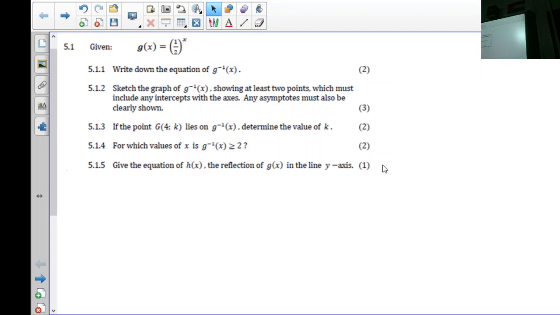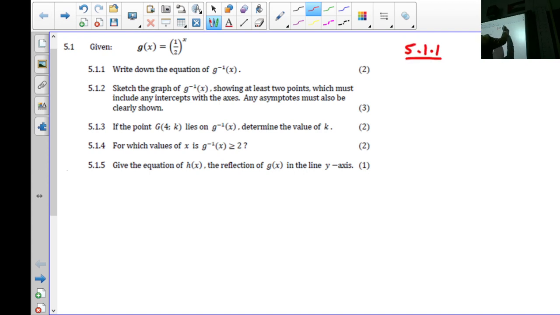Okay, so for the inverse function, so you go 5.1.1. For the inverse function, what we do is we interchange x and y. So in other words, that will become x is equal to a half raised to the exponent y. But they want it in the form y is equal to something.